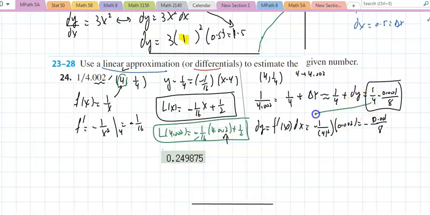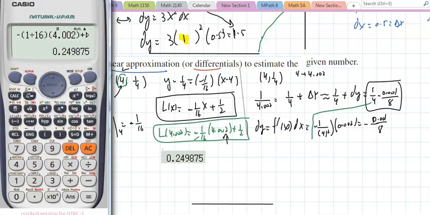And if I check what this equals, if I take my calculator and take 1 divided by 4 minus 0.001 divided by 8.